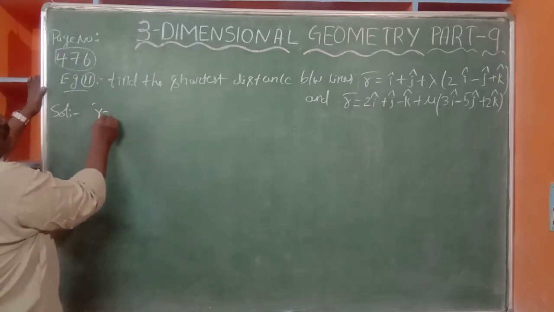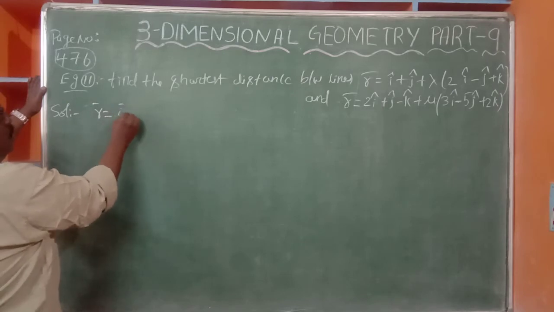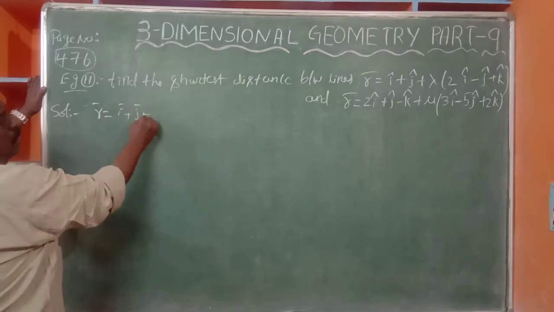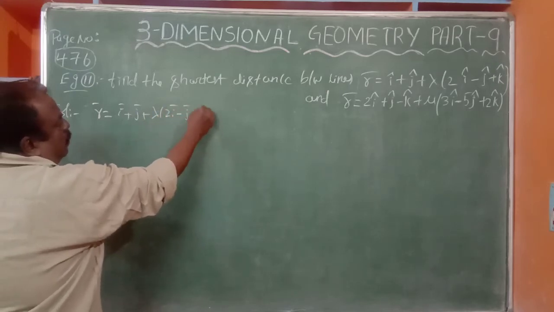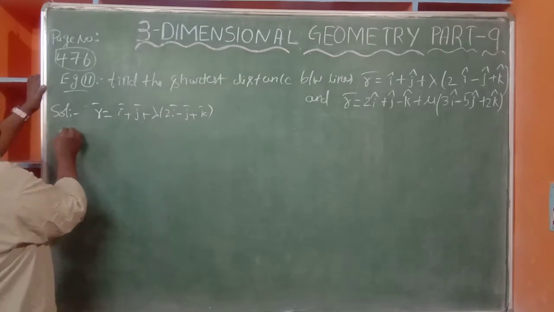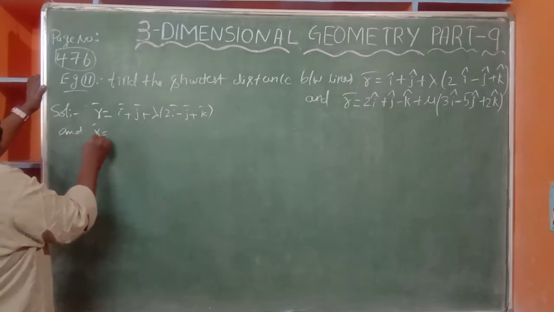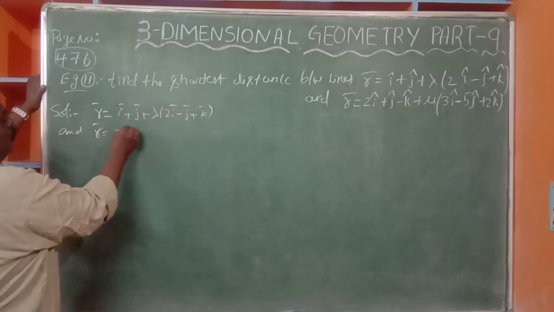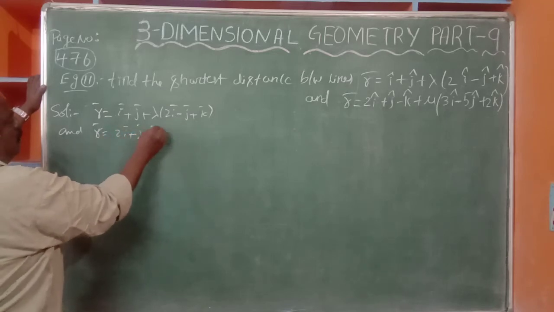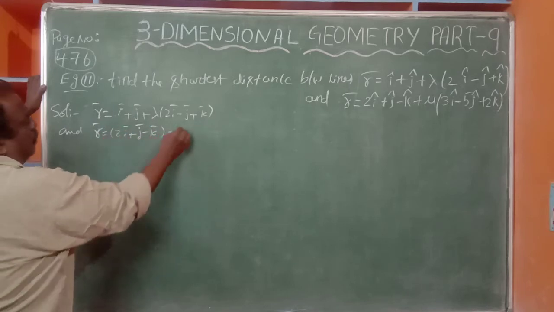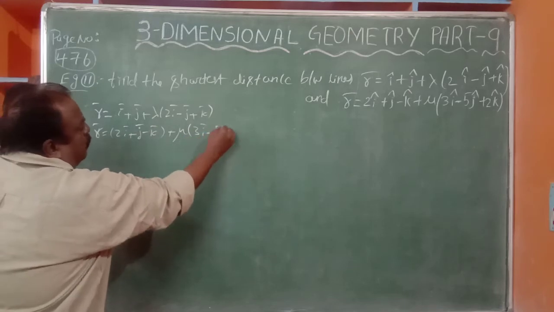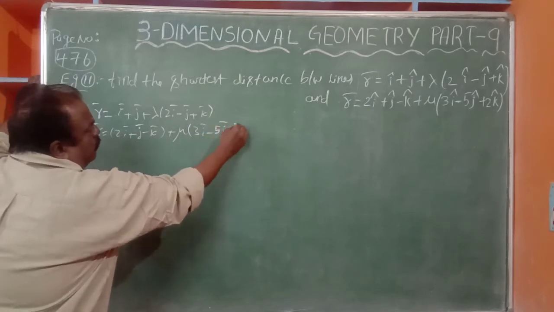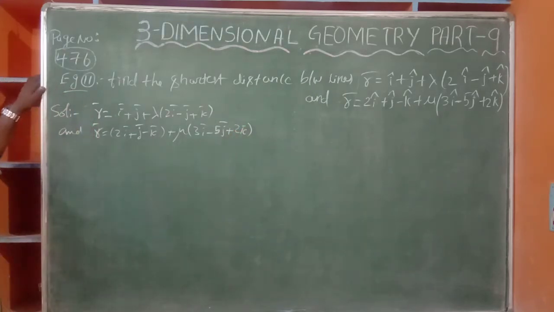One is r bar equals i plus j plus lambda of 2i minus j plus k, and the other is r bar equals 2i plus j minus k plus mu of 3i minus 5j plus 2k. These are the two lines.